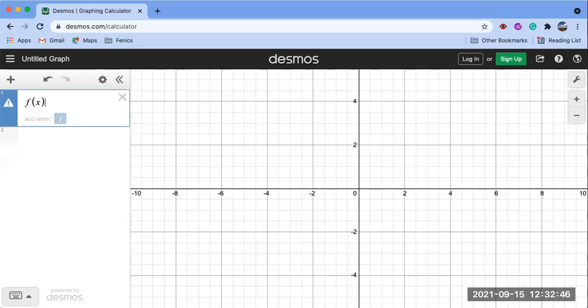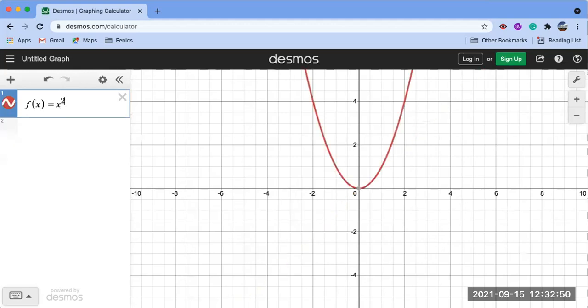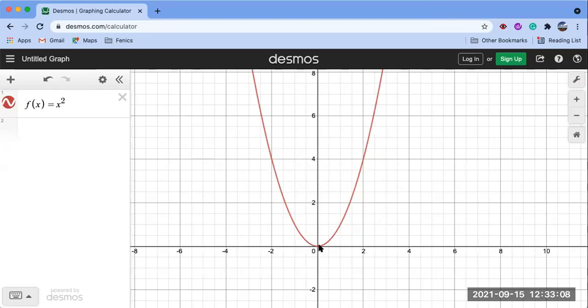Suppose we are given a function f of x is x squared. We can plot this by giving some specific values of x and computing f of x, plotted here in Cartesian coordinates. And this is the graph of this function. It is equal to 0 at 0.